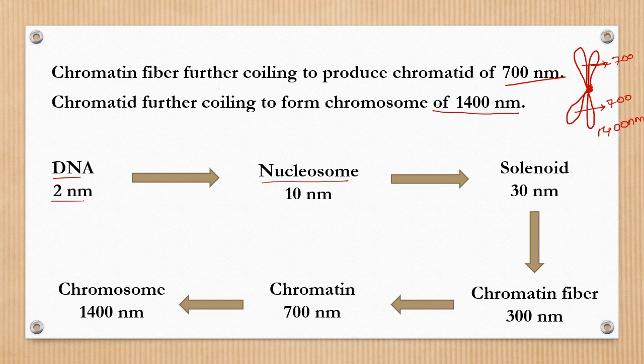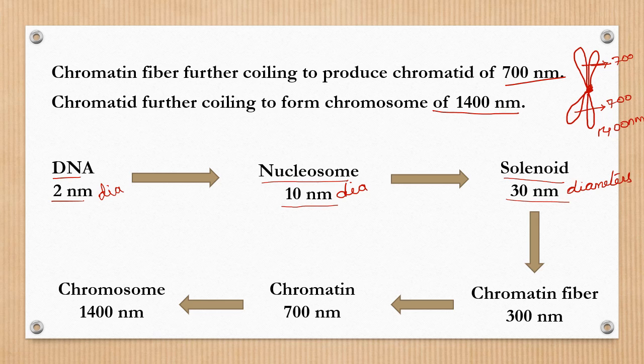It is wrapped to form a structure 10 nanometers in diameter, and it becomes a solenoid with a diameter of 30 nanometers. So these are all the diameters: 30 nanometers, 10 nanometers, and 2 nanometers. DNA, 2 nanometers in diameter, is coiled and forms a nucleosome.